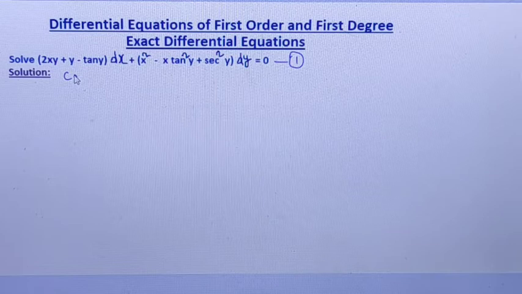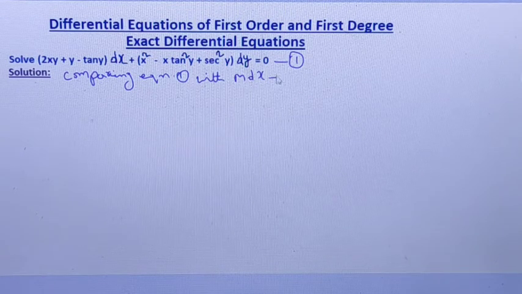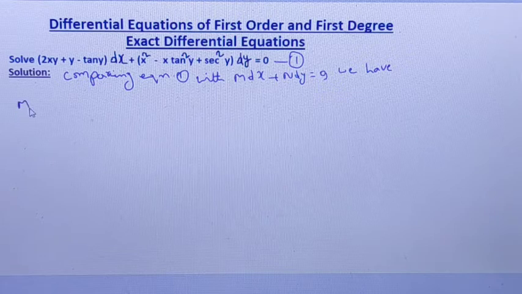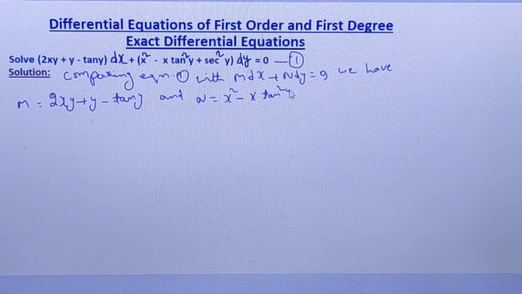So comparing equation 1 with M dx + N dy = 0, we have M = 2xy + y - tan y, and N = x^2 - x tan^2 y + sec^2 y.